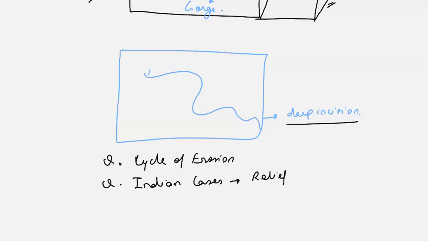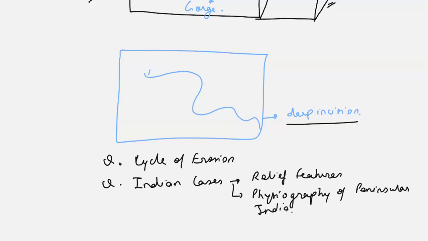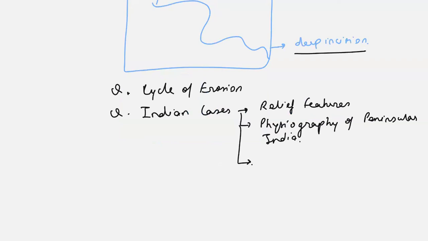The physiography of peninsular India. You can also add this for, we can say, the river water management, because it is describing the river morphology.